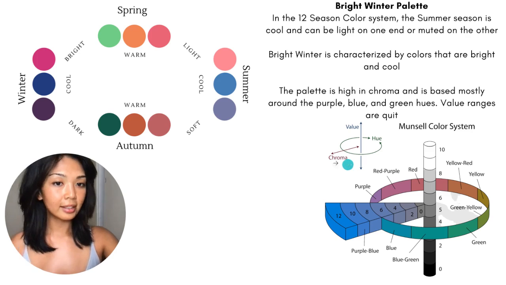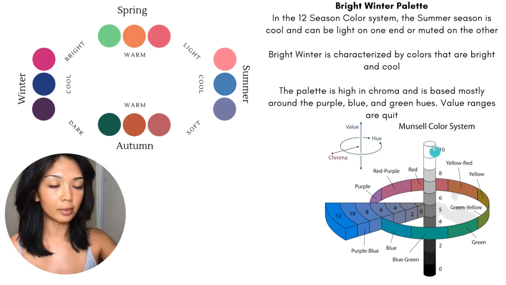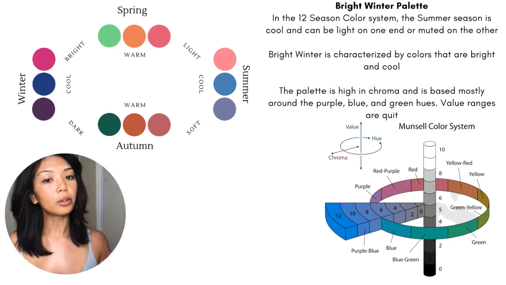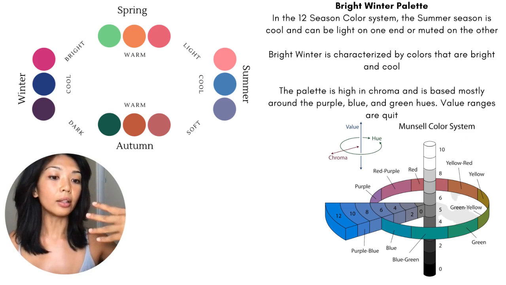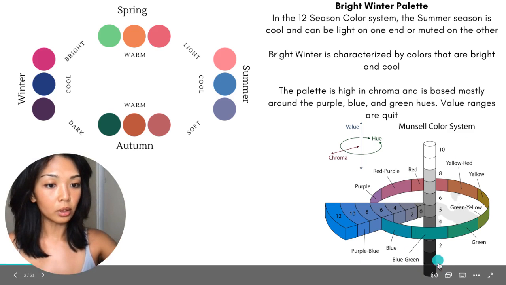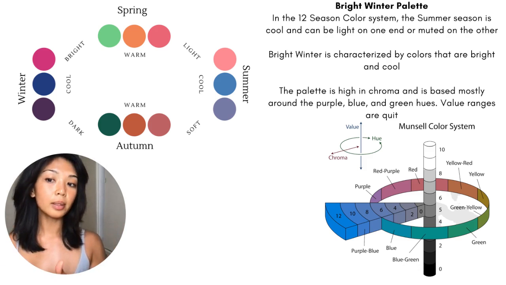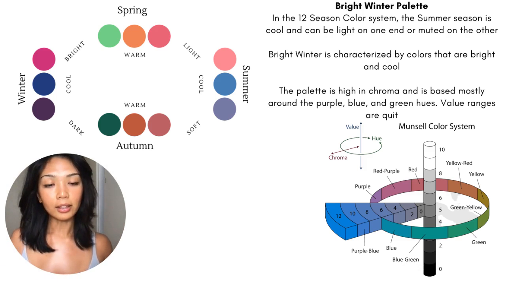Now the next color component is value, which is represented by this pole down the middle. The higher numbers, the higher values, are going to be lighter in quality, and the darker values with the lower numbers are going to be darker in quality. Some people like to say high and low value.